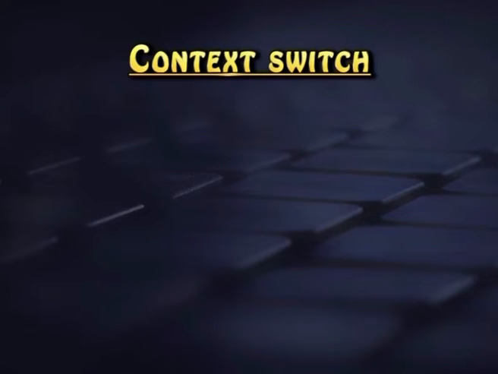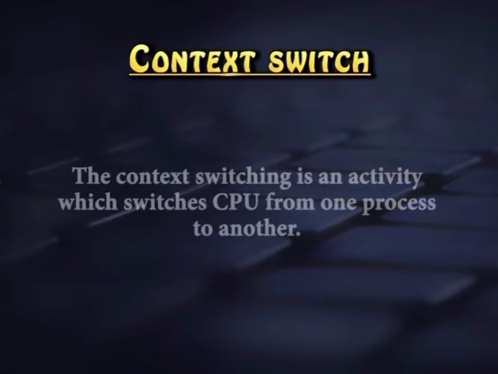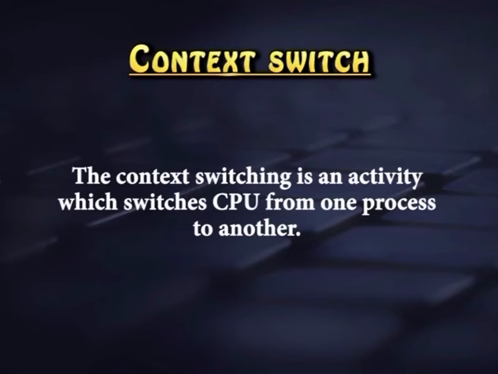Next topic is context switch. Context switching is an activity which switches CPU from one process to another. Whenever an executing process leaves CPU, its process control block is saved and the process control block of another process selected by short term scheduler from the ready queue is loaded and CPU starts executing it.